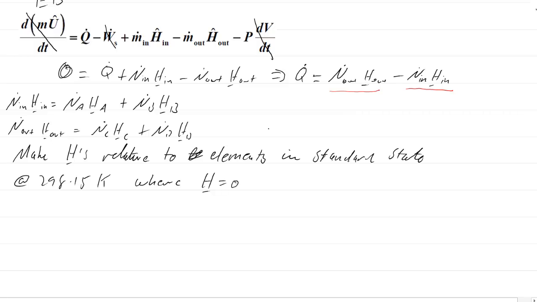Okay, so for oxygen, in this particular case, as a gas at 298.15 Kelvin and at standard conditions, the enthalpy is 0. So we can calculate an enthalpy relative to that.